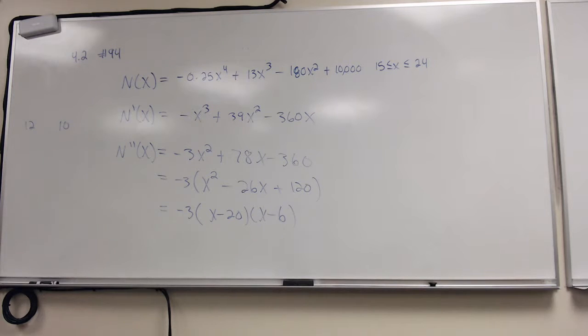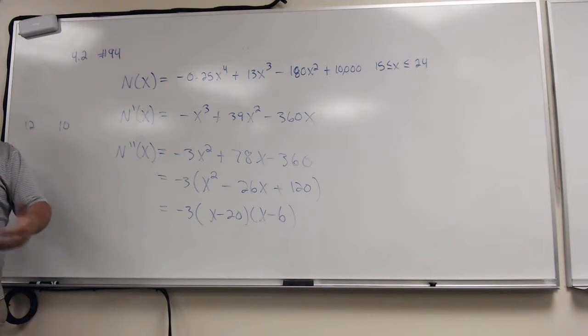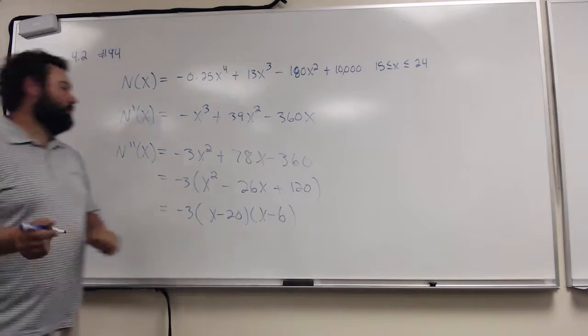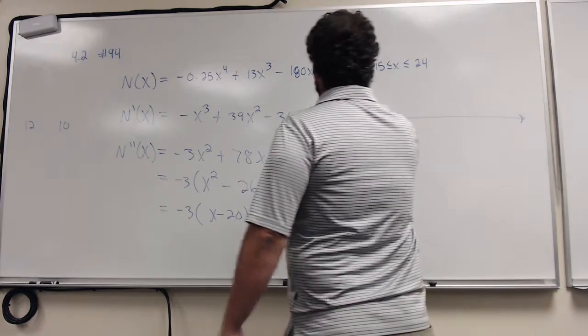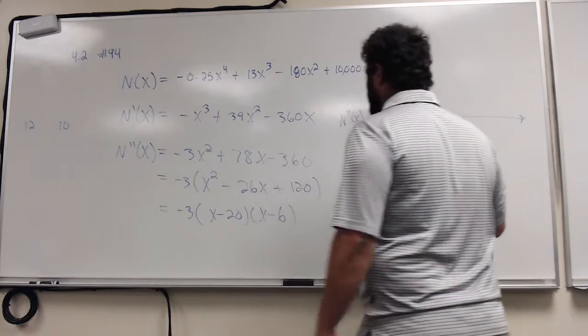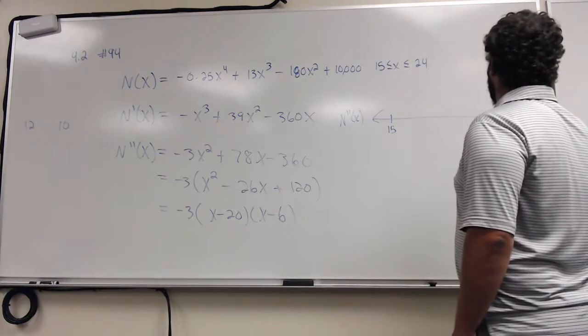And then, like I said, essentially the point of diminishing returns is where the rate of change changes from increasing to decreasing. That's what your sign chart for the second derivative is going to be. It tells you where the first derivative increases or decreases. So what you can do is you'll take your number line now. This is the sign chart for the second derivative. We only care about what's happening though between 15 and 24.